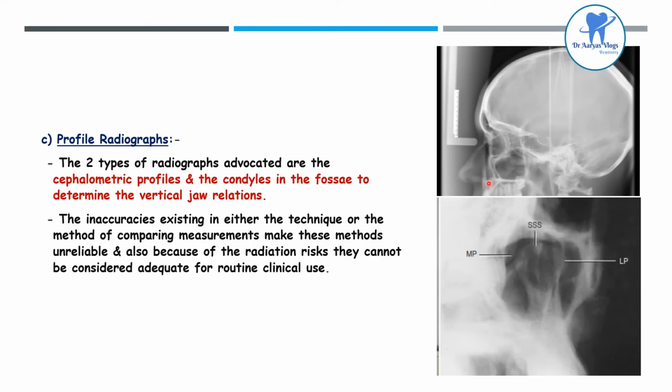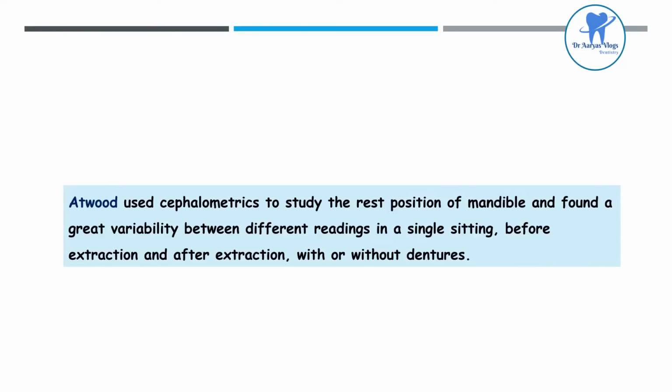So the cephalograms and the TMJ radiographs are used to determine the vertical jaw relation. Atwood used cephalometrics to study the rest position of the mandible and found a great variability between the different readings in a single sitting, before extraction and after extraction, with or without dentures.